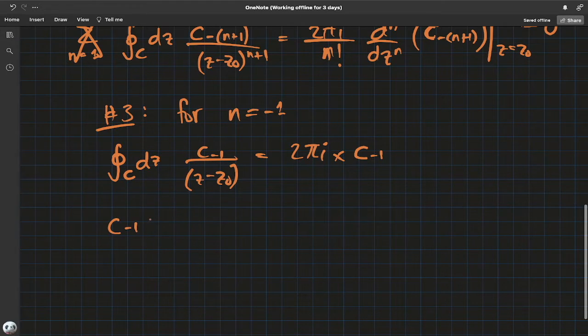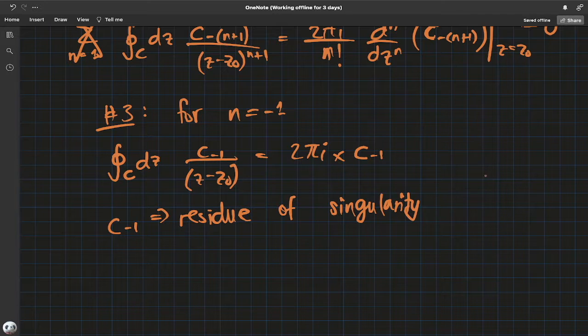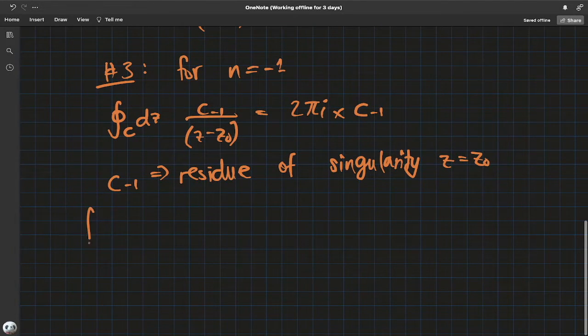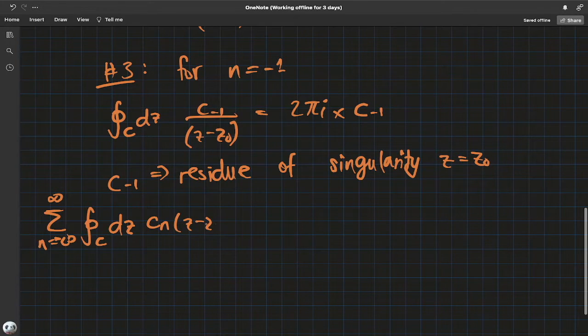So c sub -1, this coefficient, is what we call the residue of the singularity z equals z0. In other words, we had the contour integral over C dz of the sum from -infinity to infinity of c sub n times (z minus z0) raised to the nth power, which was precisely, before making the substitution, the integral of w of z.